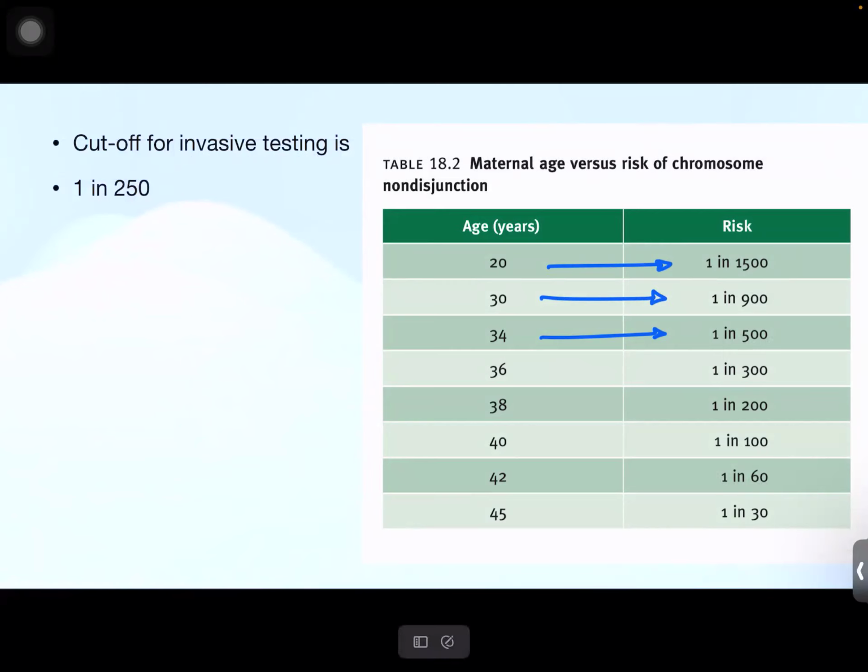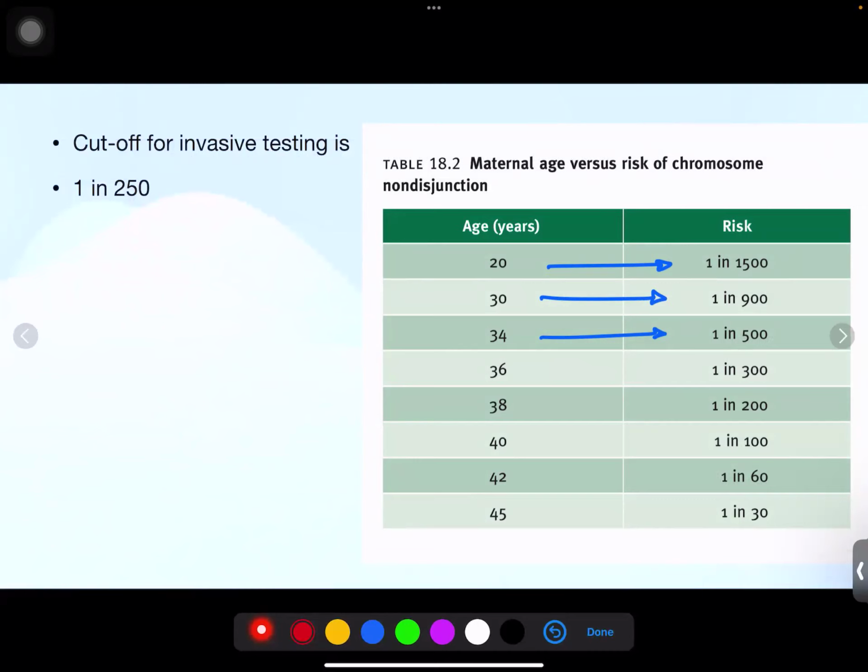This is actually a risk assessment. You can say a risk assessment of Down syndrome, of chromosome non-disjunction. Like at age 20, you have a risk of 1 in 1500, which is a very low risk of chromosome non-disjunction, meaning chromosome abnormality risk. So what happens after age 36?